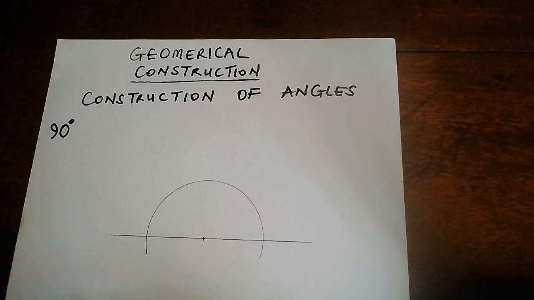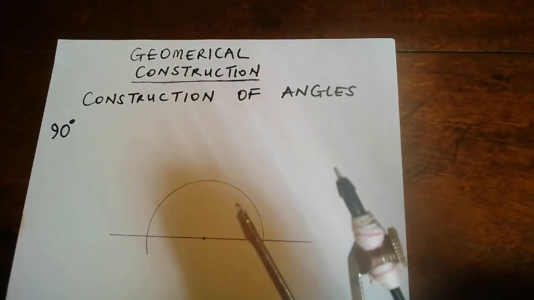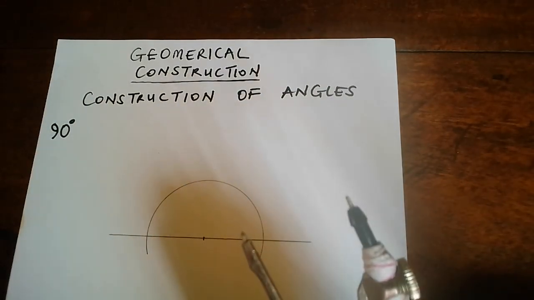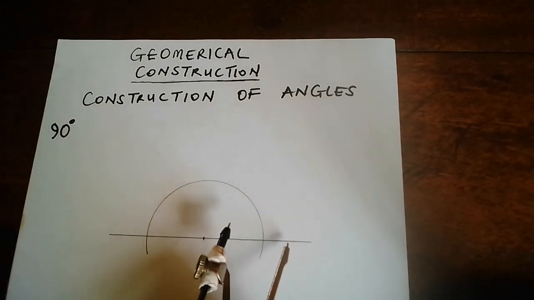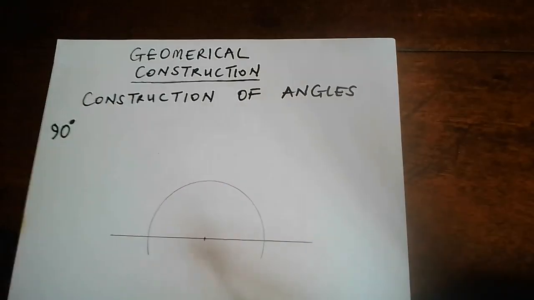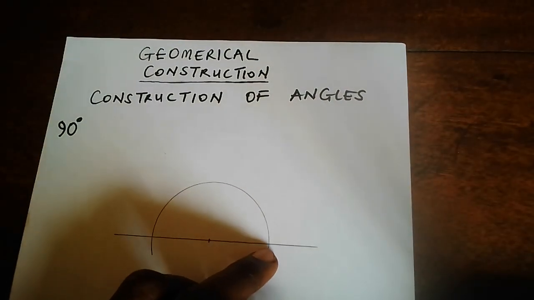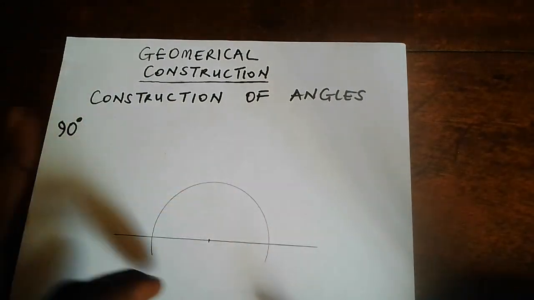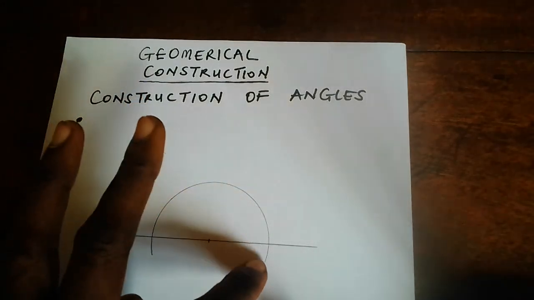Then after this, without changing the radius you used in drawing this semicircle, you place the pin of your compass at this point of intersection of this line and this curve.